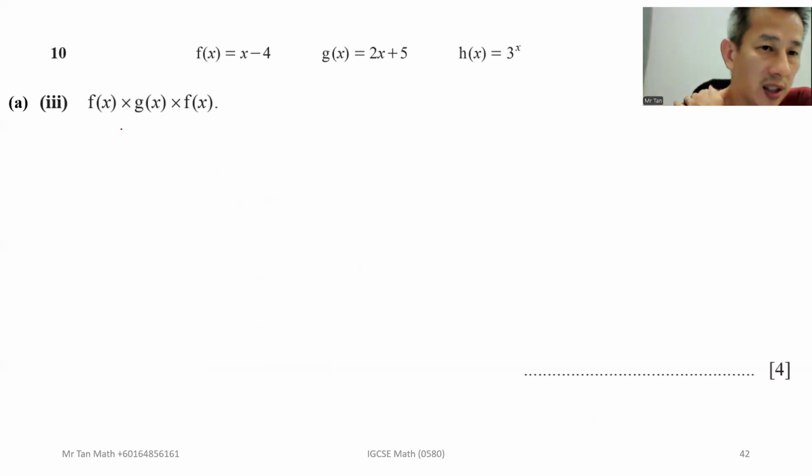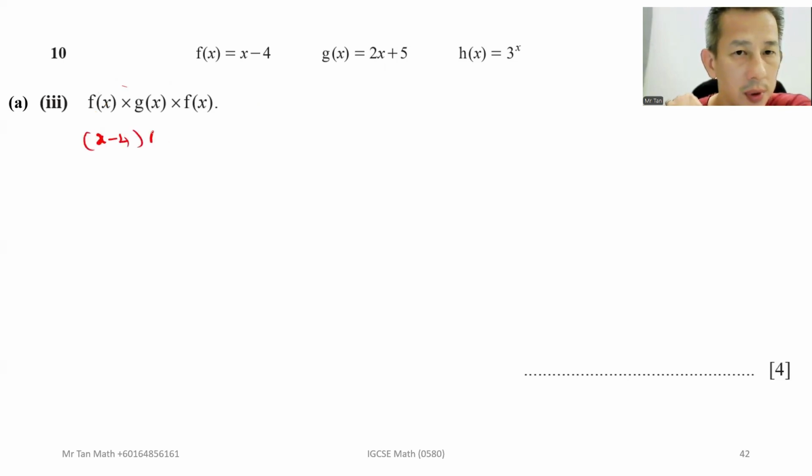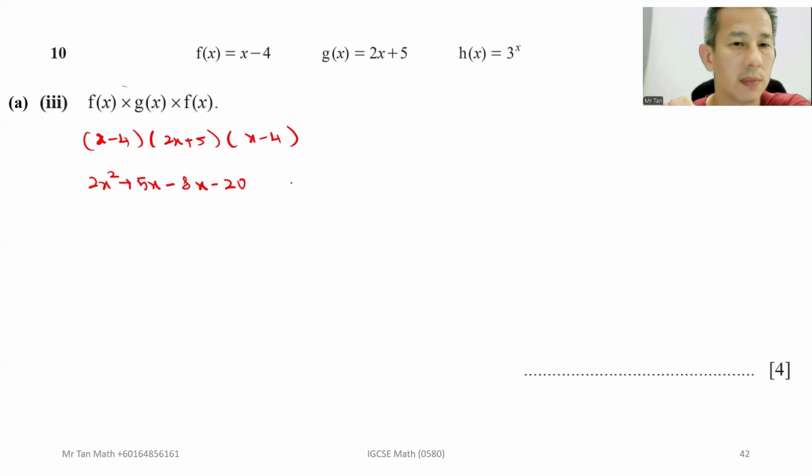Okay, part 3, f(x) times g(x) times f(x). So f(x) is x minus 4, times g(x) is 2x plus 5, and f(x) is x minus 4. That's 2 by 2. So x and 2x is 2x squared, x and 5 is plus 5x, 4 and negative 2x is negative 8x, 4 and negative 4 and 5 is negative 20.